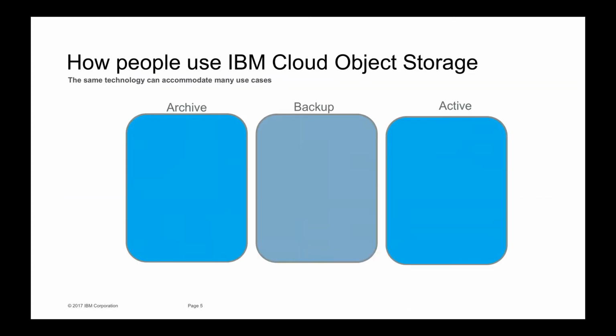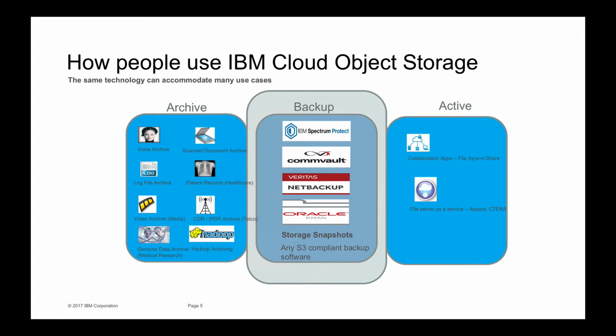Let's briefly discuss the use cases for IBM Cloud Object Storage in the typical business. The 3 big ones, and these are not the only 3 use cases by the way, are archive, backup and active data. When we're talking about archive, it's typically multimedia unstructured data producing applications such as voice archives, scanned documents, patient records in medical is a big one, as is video archives in multimedia and entertainment.